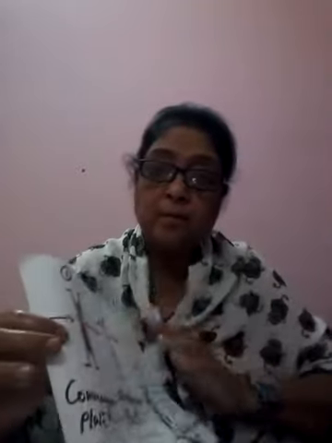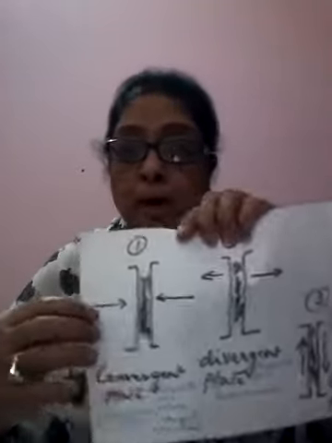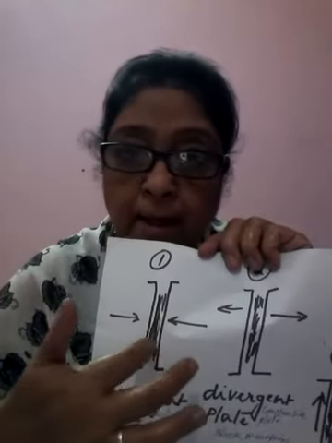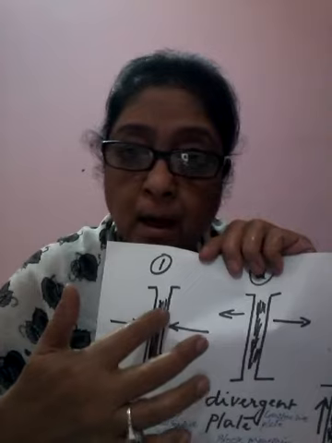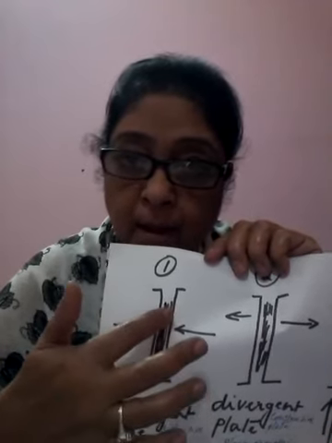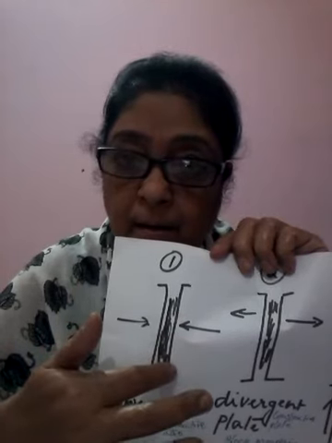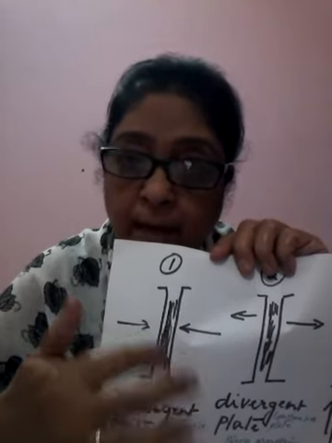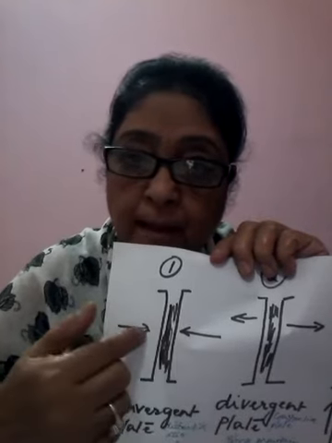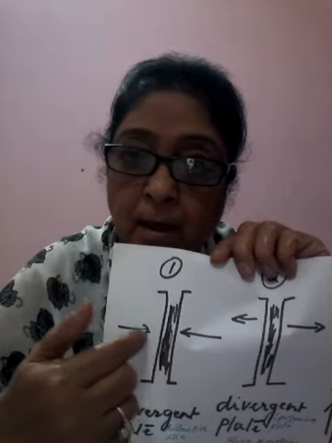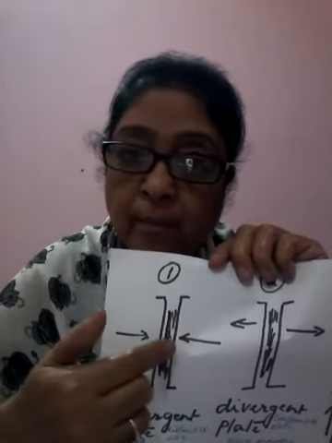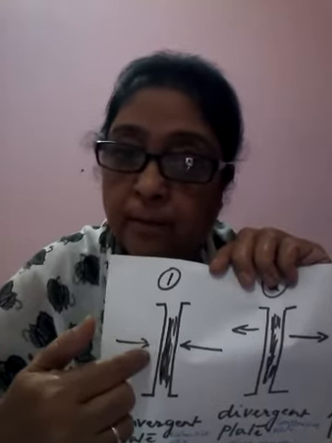So this is the first one, number 1. I think you can see that 2 plates are there. A fracture has taken place, and this gap is filled with something. And these 2 plates are coming towards each other.